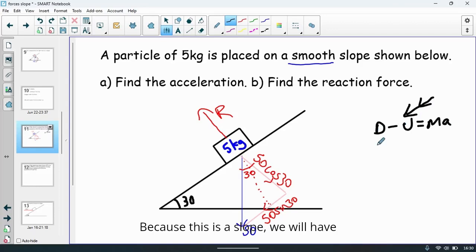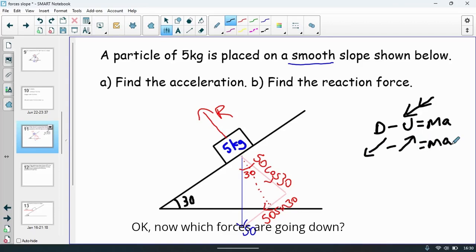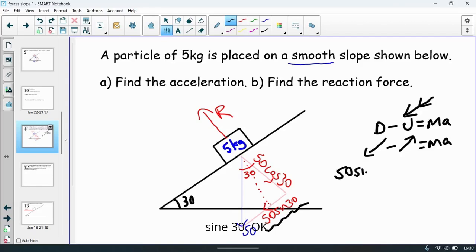Because this is a slope, we will have down going this way and up going this way. Now, which forces are going down? We have this force, which is 50 sine 30. Which forces are going up? None. So that's 0.